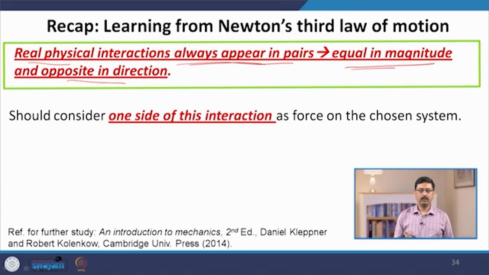If you define your system clearly, then you should consider only one side of this interaction as the force acting on the system. We will discuss this point more concretely when we take examples, but let us now go to Newton's second law.